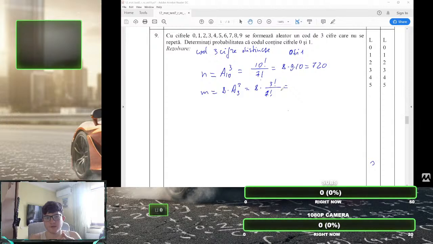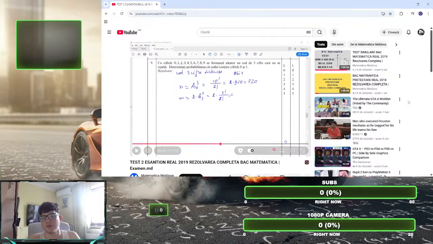He popped the 8 because there are 8 different digits which can be on basically the code, and the A stuff he took from 3. Why from 3? You basically take 0 and 1, which are 2, but why take 3? You have 0, 1, and what? Why does he take 2? I gotta understand this. I'll be back.